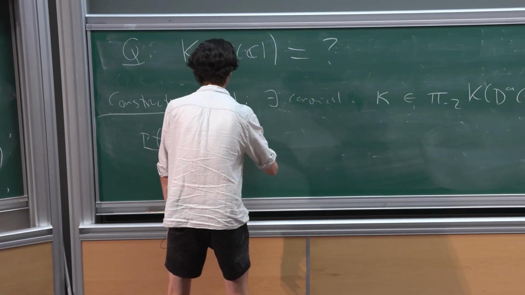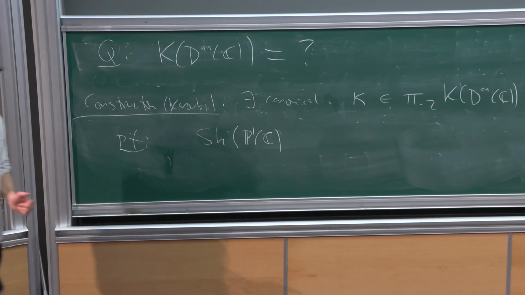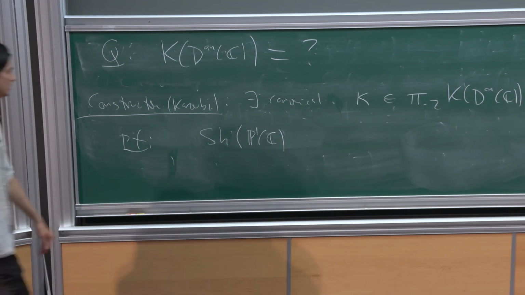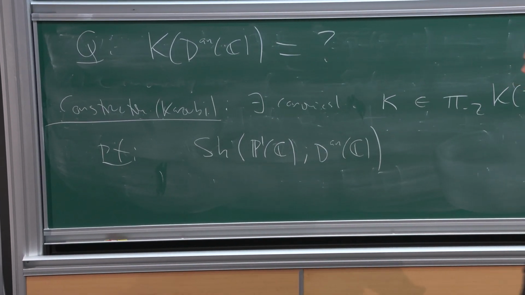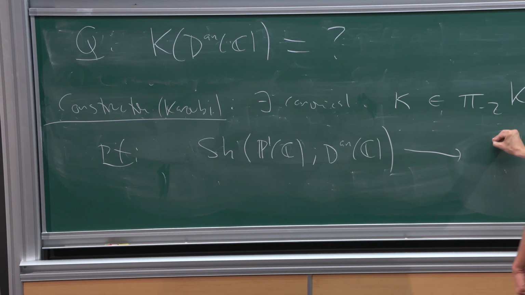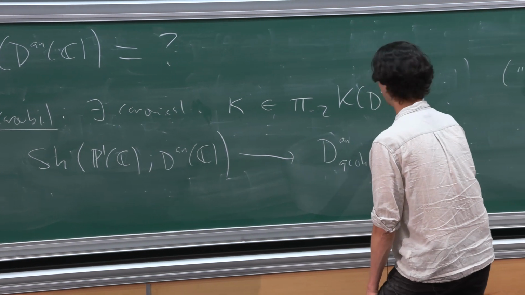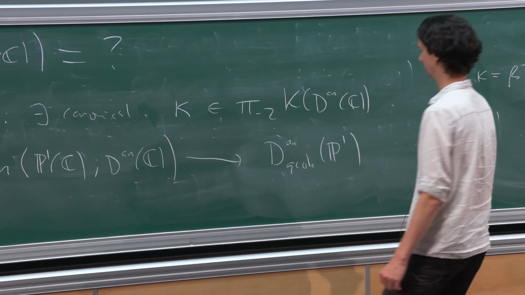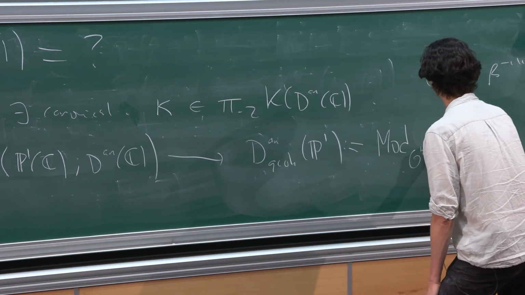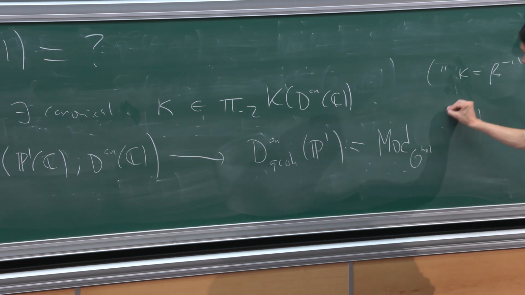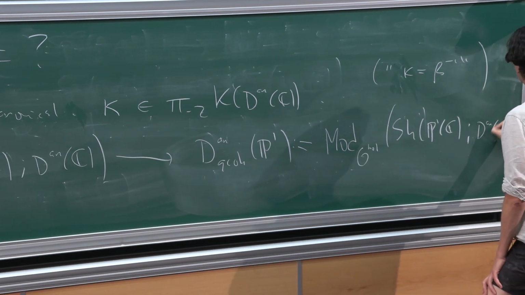So we can look at the category of sheaves on the topological space S2, but I'll write that as P1 over the complex numbers with coefficients in D(C). And then we can map that to the quasi-coherent analytic category for the analytic space P1, which, one possible definition of this, is simply you look at modules over the sheaf of holomorphic functions inside this category, sheaves on P1(C) with coefficients in D(C).